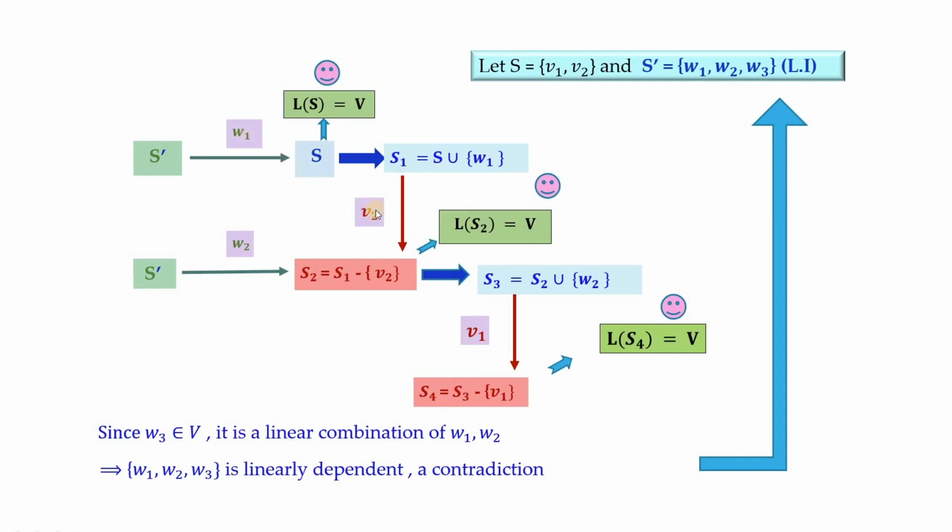This inclusion results in the exclusion, and the resulting set still spans V. And again we include one W from S prime to this, and because of the nature of this S3 which is linearly dependent, we exclude one V1 from that. So we arrive at this, and the resultant set still spans V. So inclusion results in the exclusion, and the resultant still spans V.